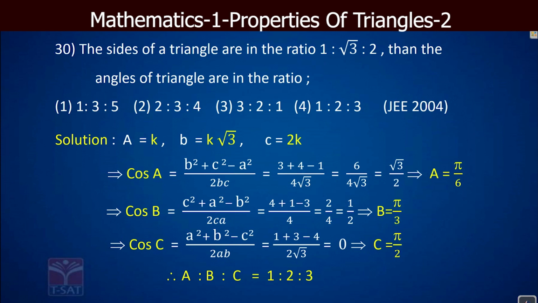Of course, cos C you need not verify, because you already got angles A = π/6 and B = π/3. I checked cos C only to see whether the hypothesis is correct or not, because once you have two angles, A and B, you automatically get the third angle C. So the correct option is option number 4.